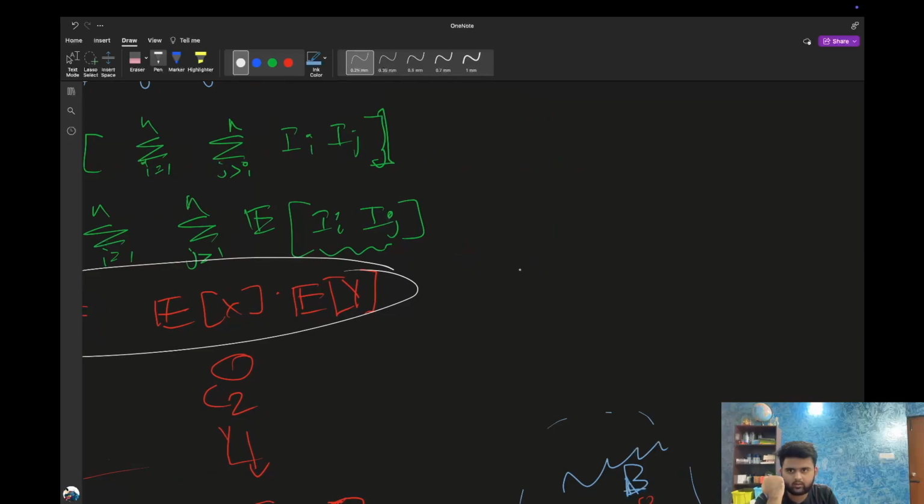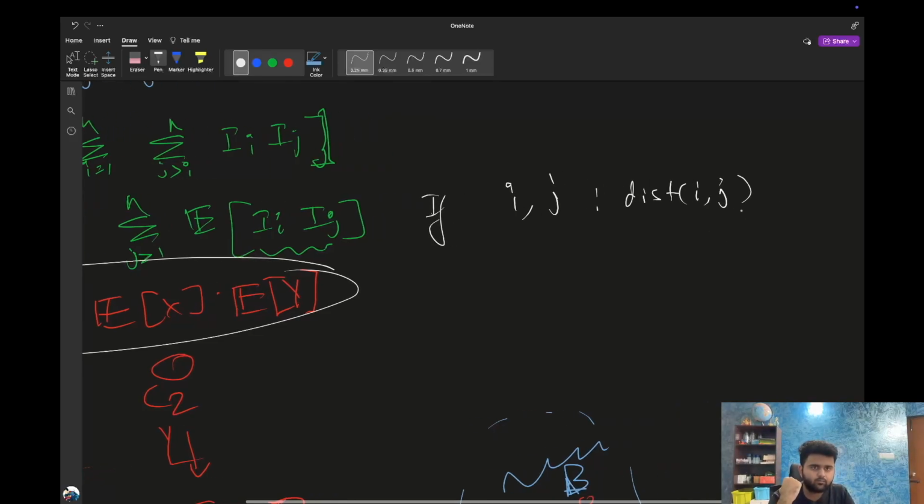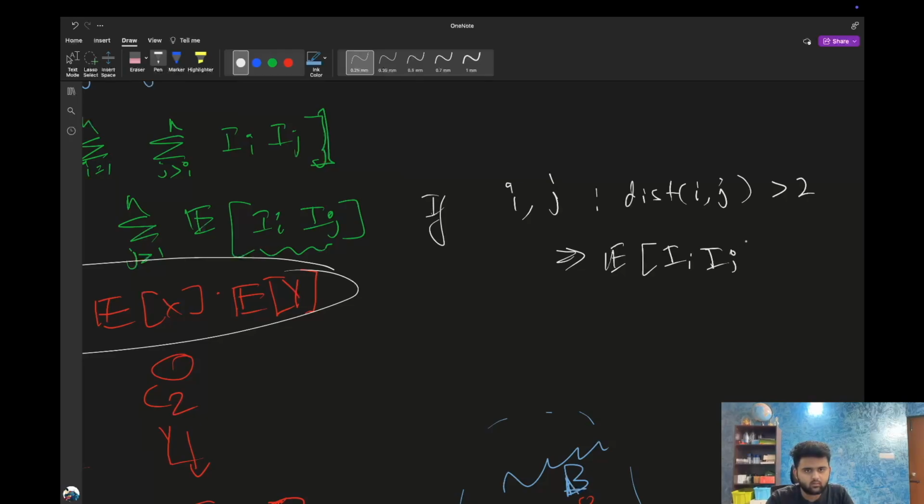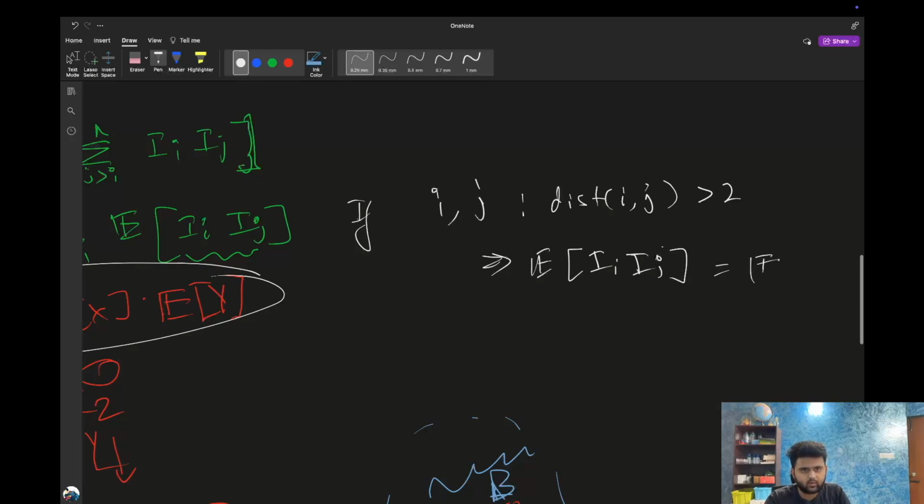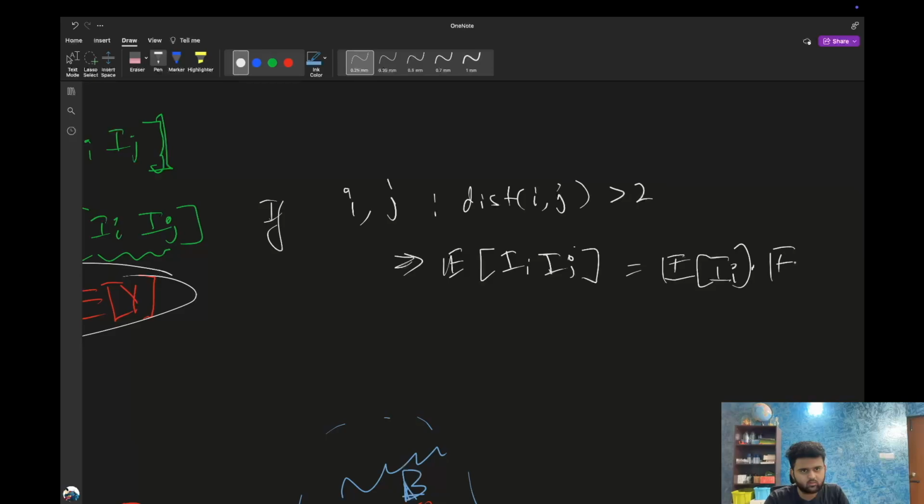Now coming back to our summation, if I and J have the following relation, that the distance of I and J is greater than 2, then the expectation of I_i I_j is equal to the expectation of I times the expectation of J.